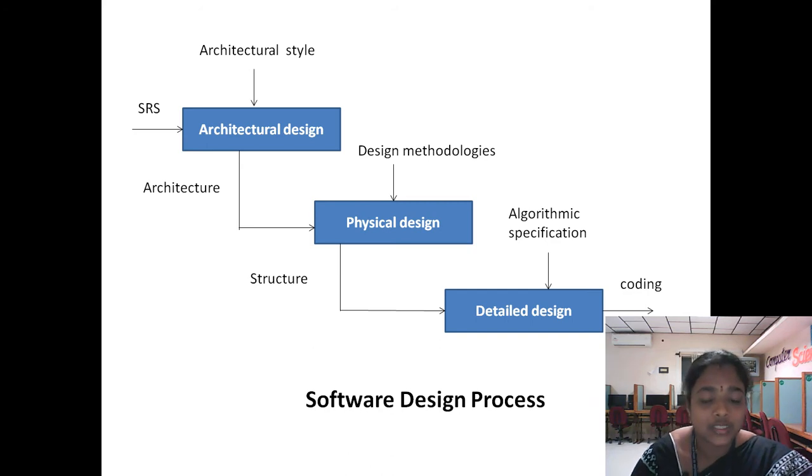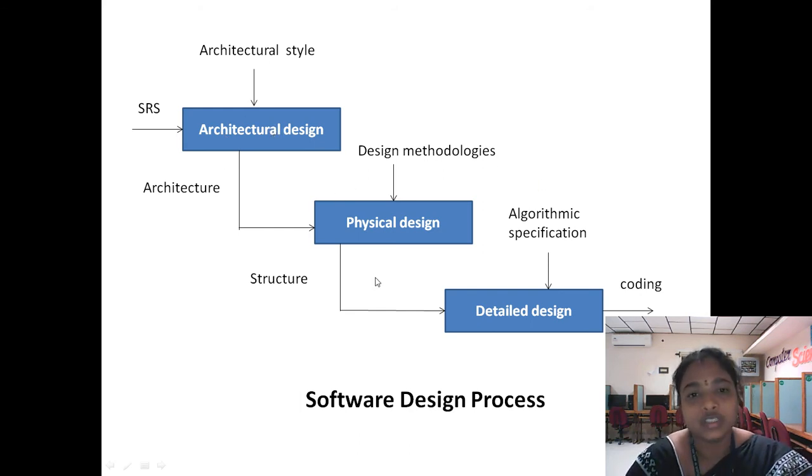These architectural styles play an important role in producing the external design of the software. Each architecture has a different set of mechanisms or characteristics for developing the external architecture of the behavior.